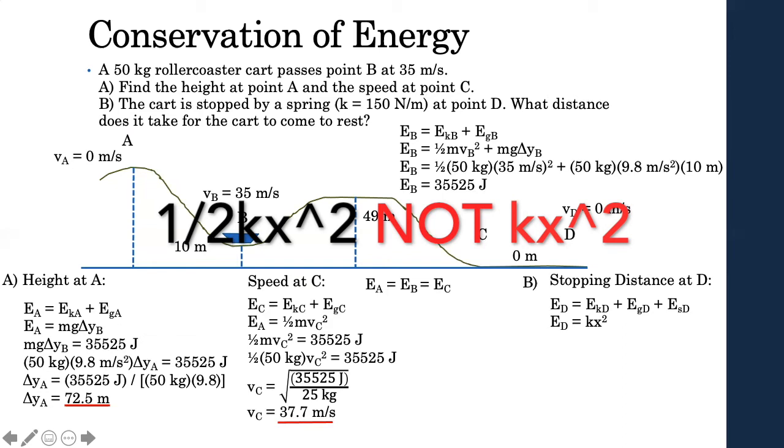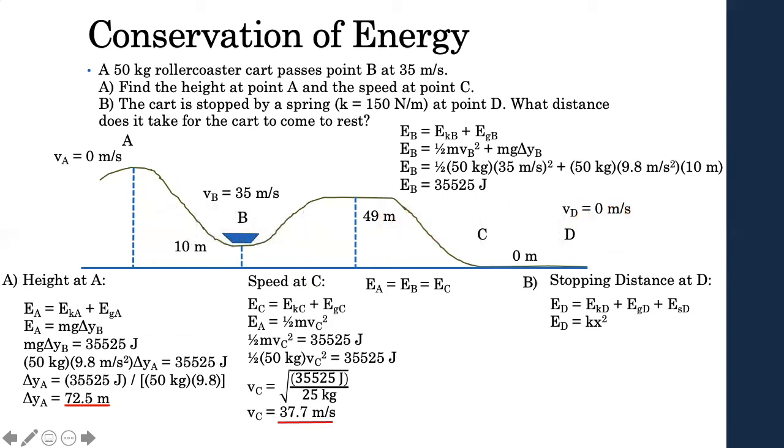And so with this, the first line here says the energy at point B is equal to the kinetic energy at point B plus the gravitational energy plus the spring energy. And the only one that counts because it's not moving and it's at 0 meters is spring energy. So we're reduced to 1/2 K times X squared. And we know two of these numbers.